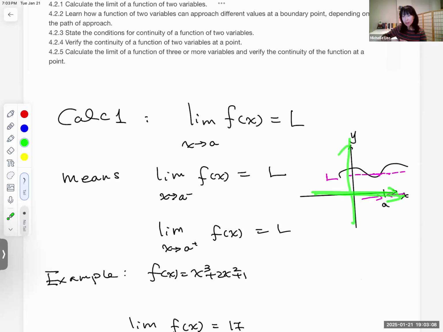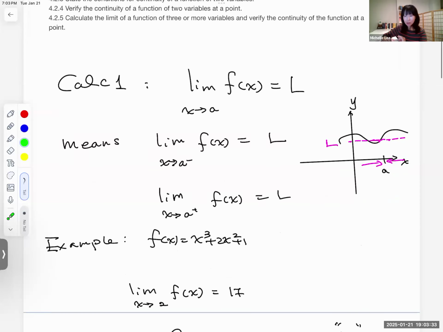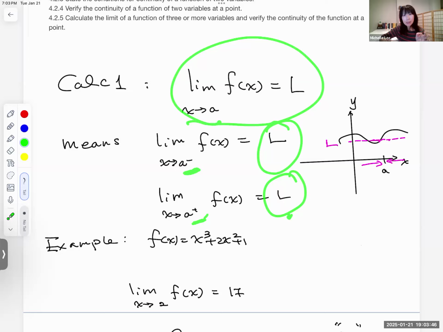The x is on the axis. The minus means it approaches from the left, and then there is a number L. And the plus means we approach from the right, so there is also L. Since the two numbers agree from the left and from the right, we can say that the limit exists and the limit is L, the number.